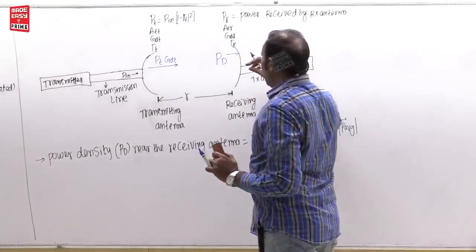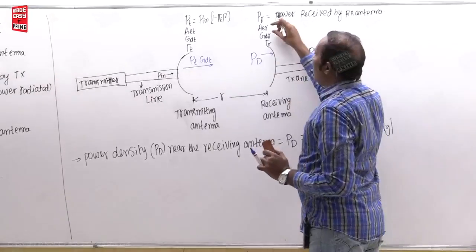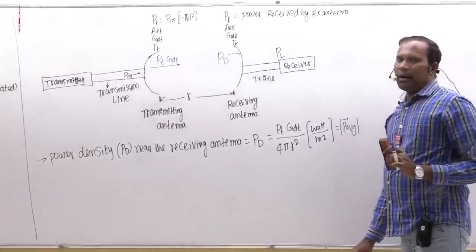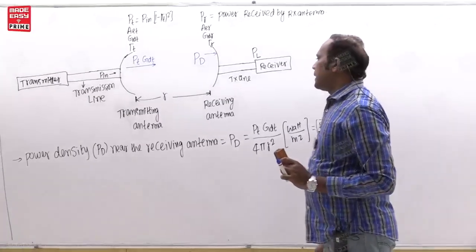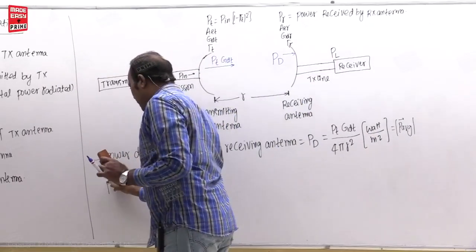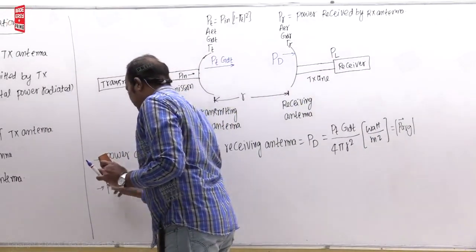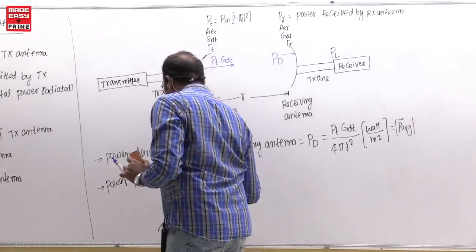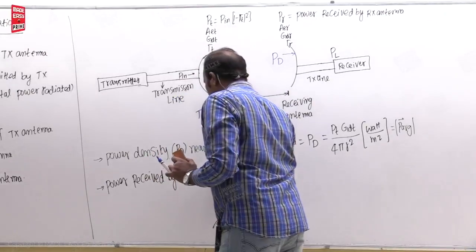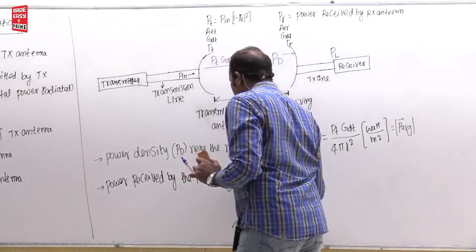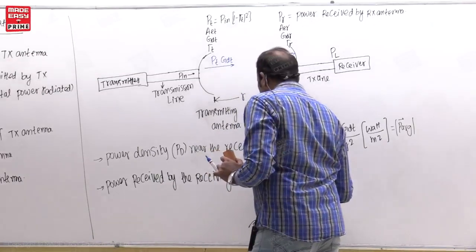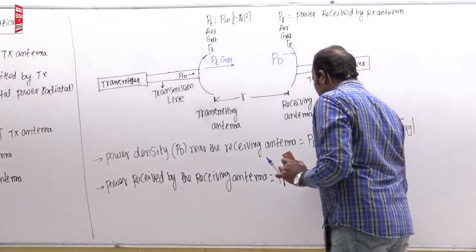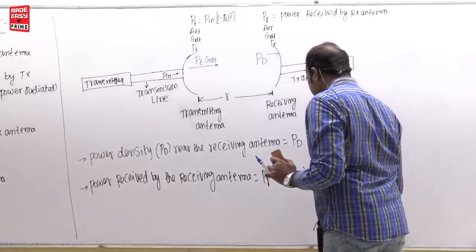Now you multiply the power density with the effective area of the receiving antenna, then the meter square cancels and you get the power received by that receiving antenna. So the power received by the receiving antenna is equal to the power density multiplied with the effective area of the receiving antenna.